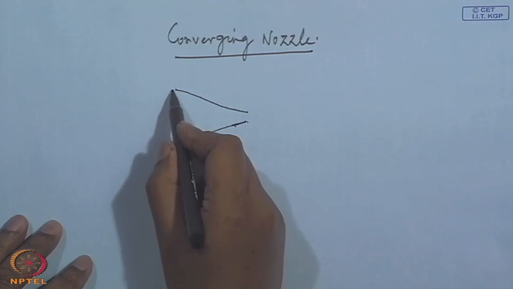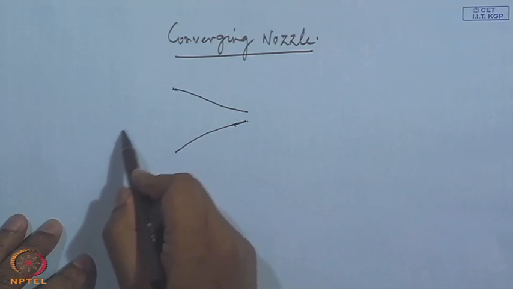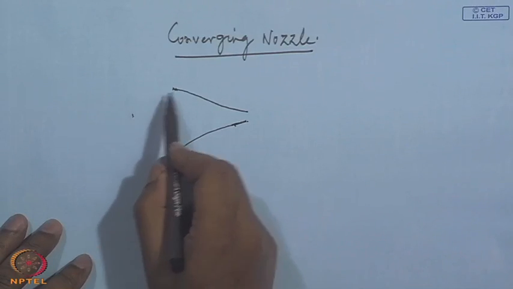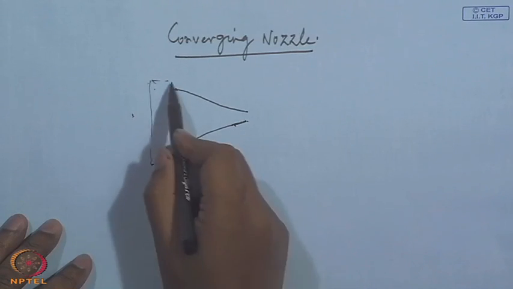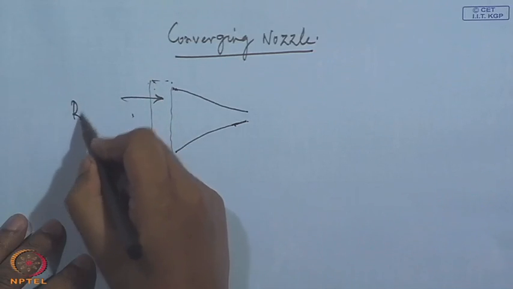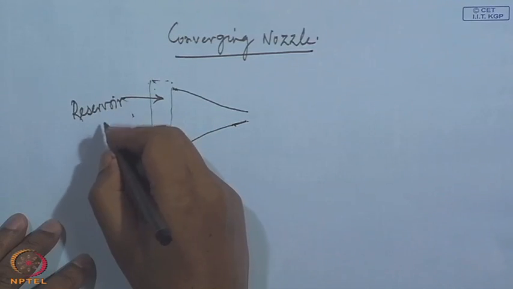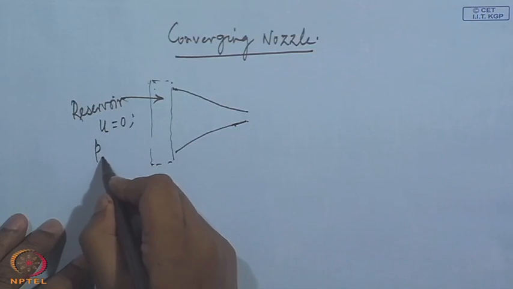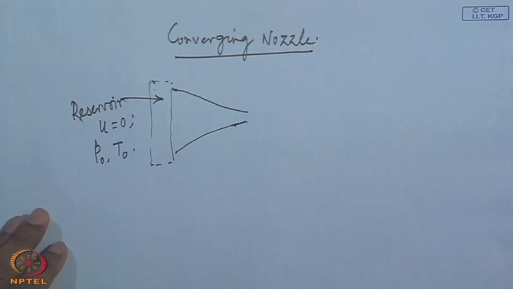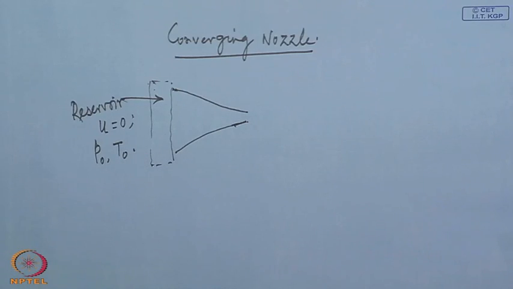Let us say we have a converging nozzle connected to a reservoir, with speed practically 0, and consequently the pressure and temperature in the reservoir can be considered as the stagnation pressure and stagnation temperature.